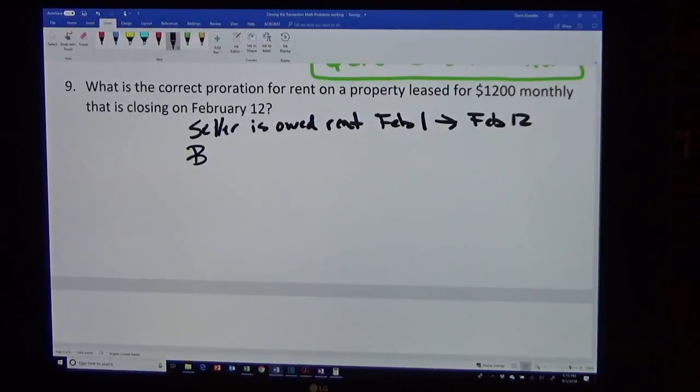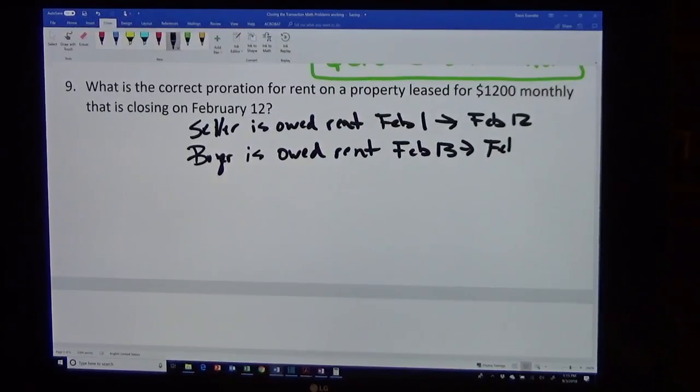The buyer is owed rent from February 13th through February 30th. Well, that's 12 days for the seller. February 1 through February 12th is 12 days.